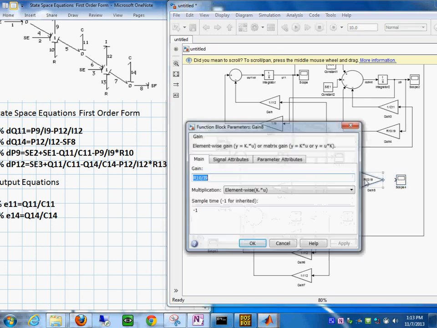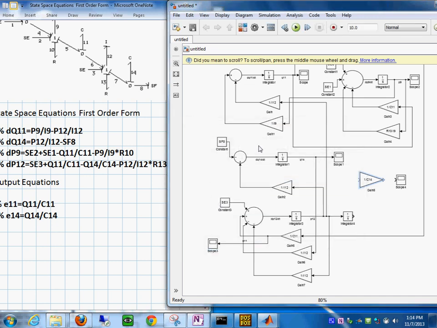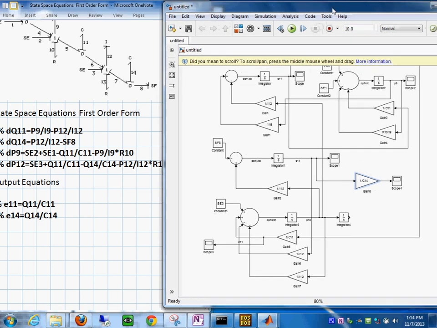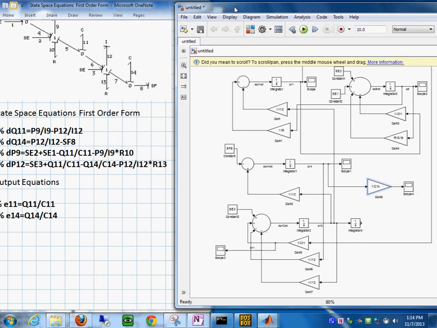Q14, this is gonna be 1 over C14, yeah? So you have two methods basically. See if the signal is already there, and if it isn't, then just build it like this. And you have now the second output. And so your scopes in here are your state variables, but also they are the output variables. And we have finished transforming these equations on the left, the 4 differential equations, into block diagrams, as well as the 2 output equations.